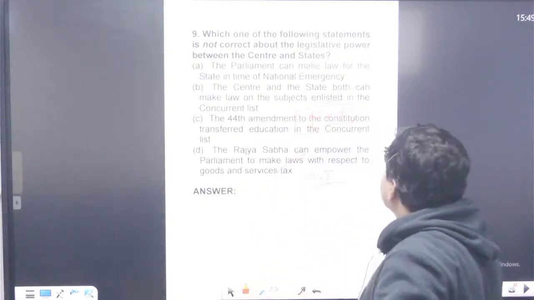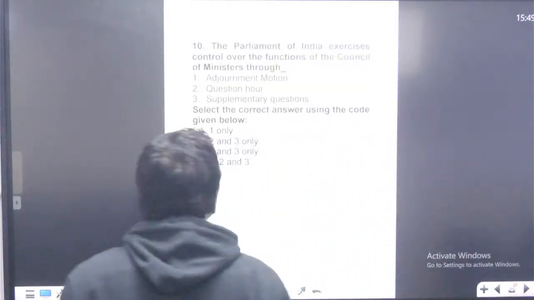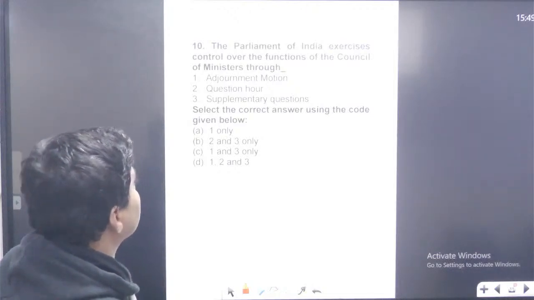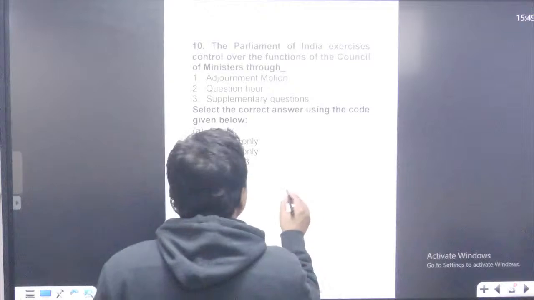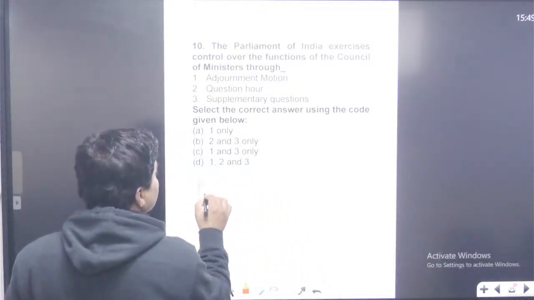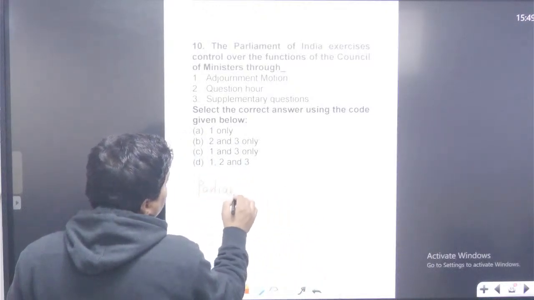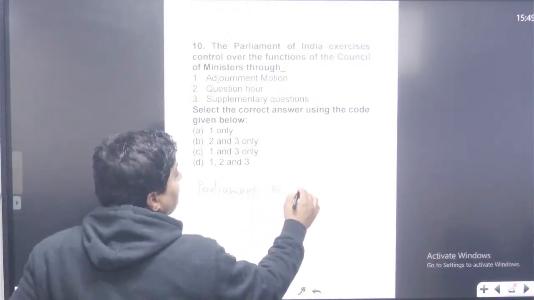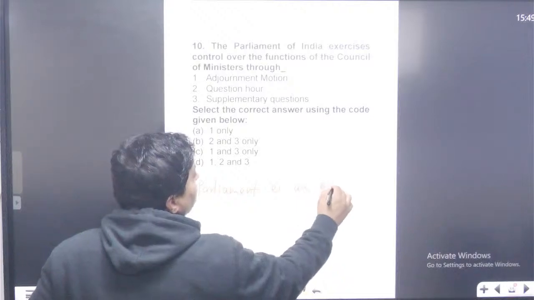So look at the next question. The Parliament of India can exercise control over the functions of the Council of Ministers through what? Now you know that Parliament is an institution of accountability.